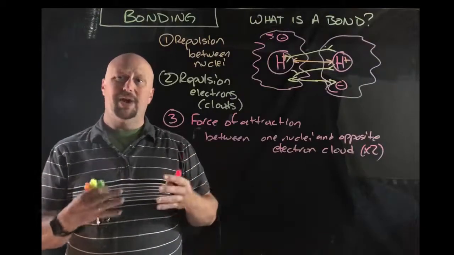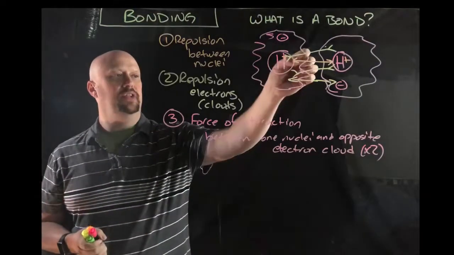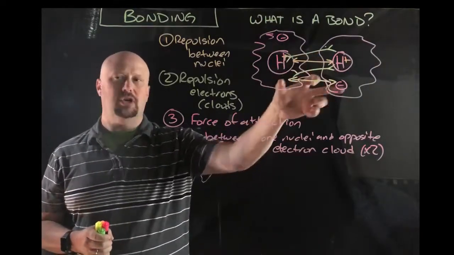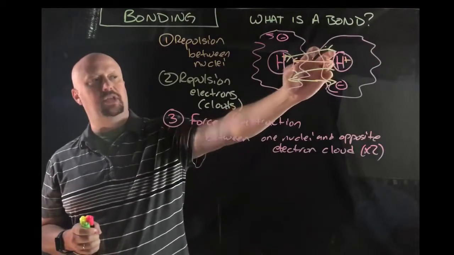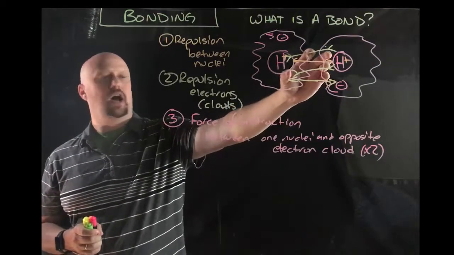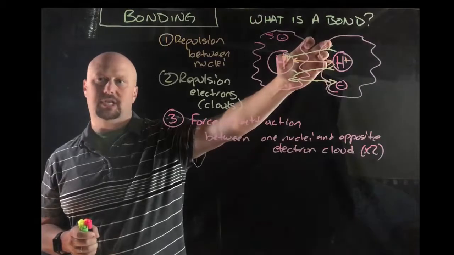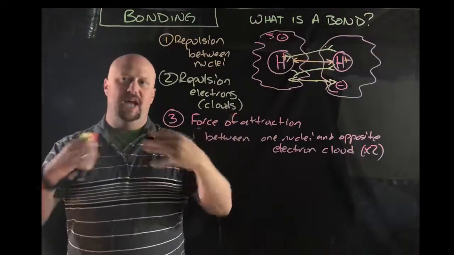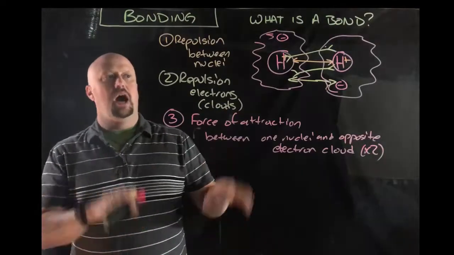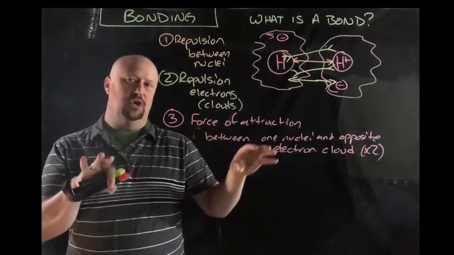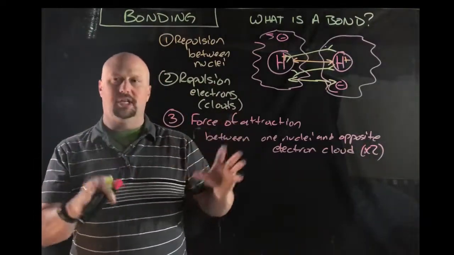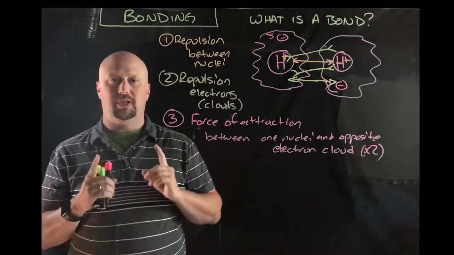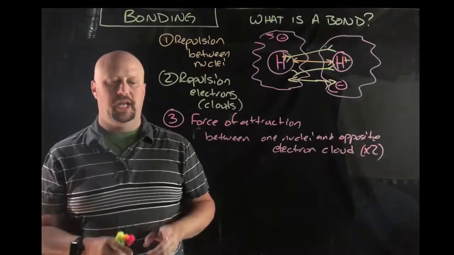So there are three interactions you're looking for. The nuclei want to repel each other. The electron clouds want to repel each other. But this nucleus is attracted to this electron cloud, and this nucleus experiences a force of attraction to this electron cloud. That's going to lead to the bond. So let me pause there. I'm going to erase that, and then I'm going to show you a little graphical analysis that explains all that and has to do directly with bond length and bond energy.